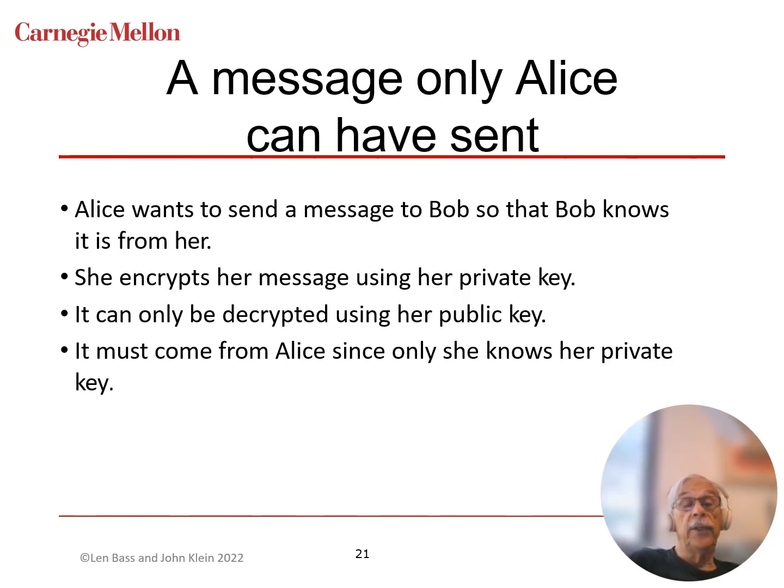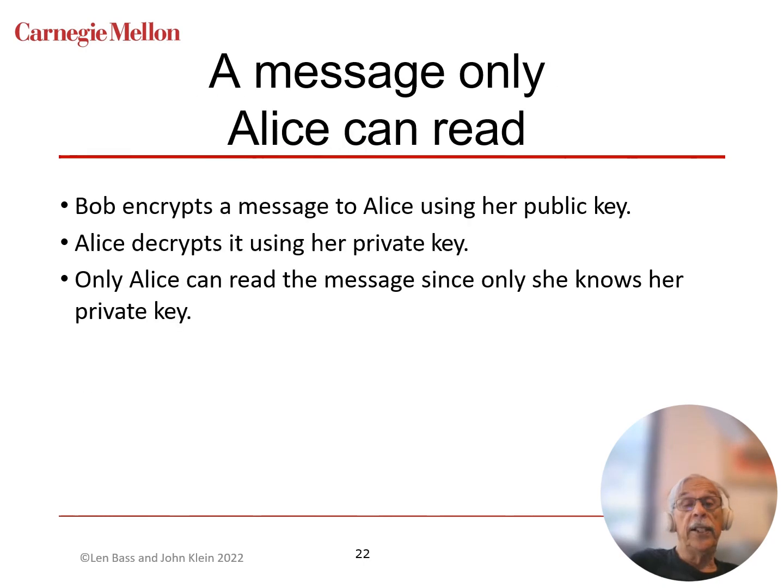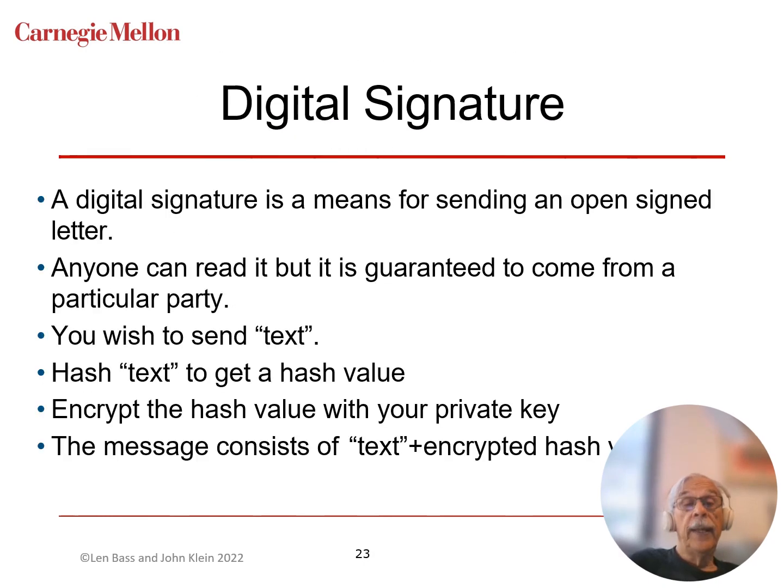And so this is a slide that says what I just said. And then we generalize that a little bit into the notion of a digital signature. So a digital signature is a means for sending an open signed letter. So you have some text, anybody can read it. You want to guarantee that it was sent by a particular individual.